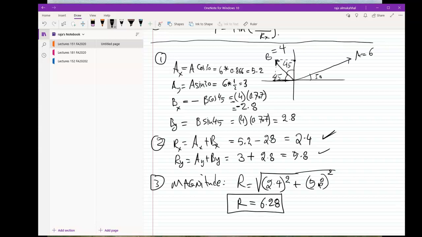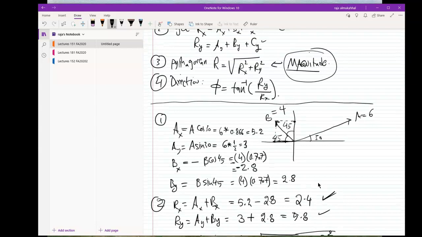In other words, as a result of these two vectors, the magnitude, here is the tip-to-tail method. I hope you studied from the book.